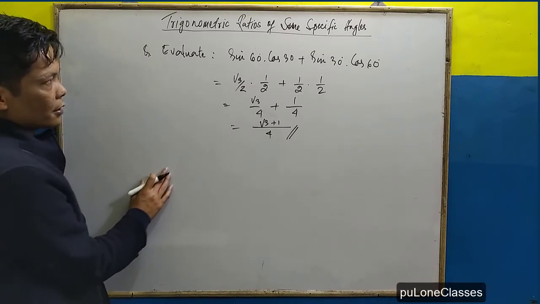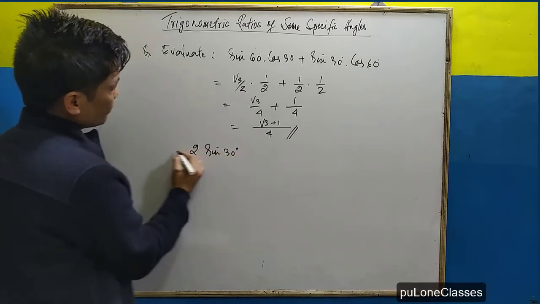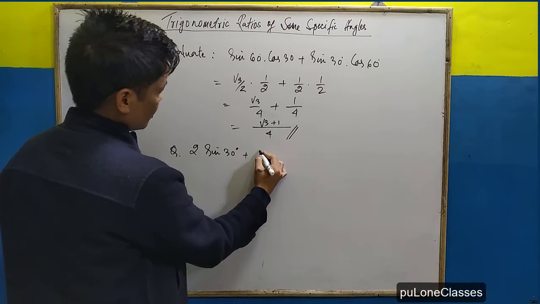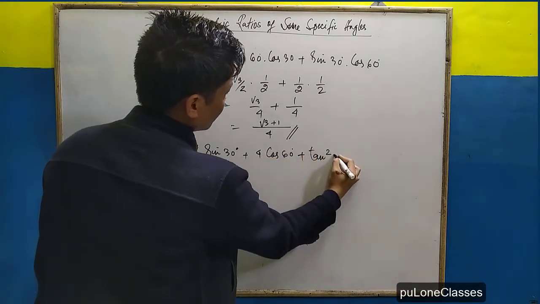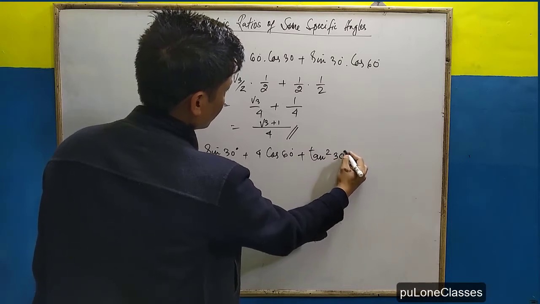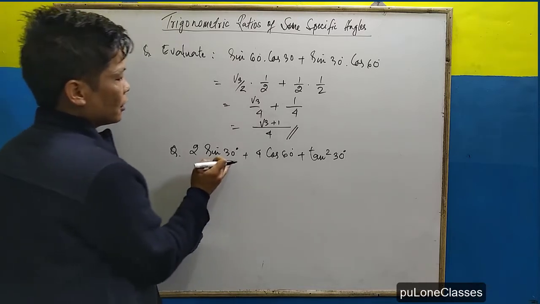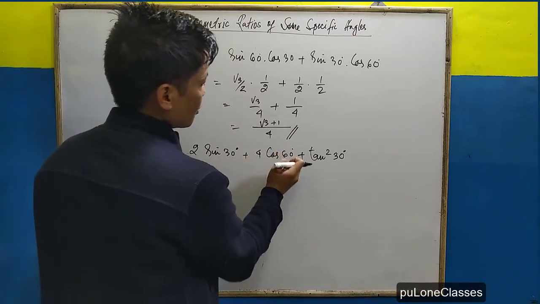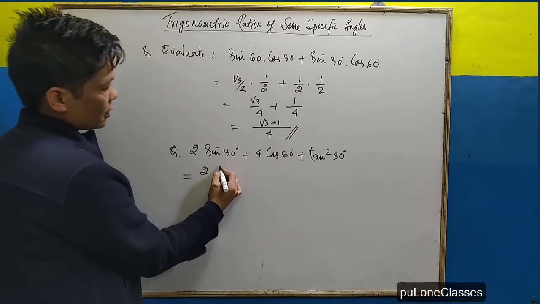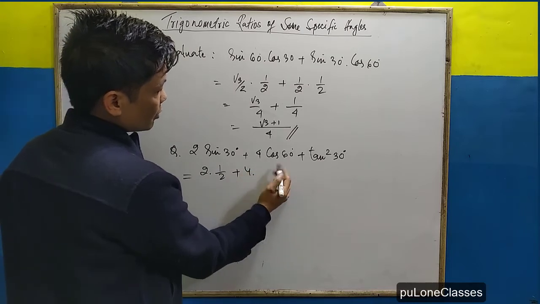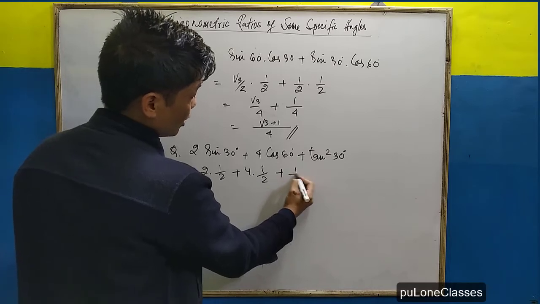Now let us take up another question. Find the value of 2 sine 30 plus 4 cos 60 degree plus tan square 30 degree. So I'll get 2 times sine of 30, which is half, plus 4 times cos of 60 degree, which is half, plus tan of 30, which is 1 by root 3.